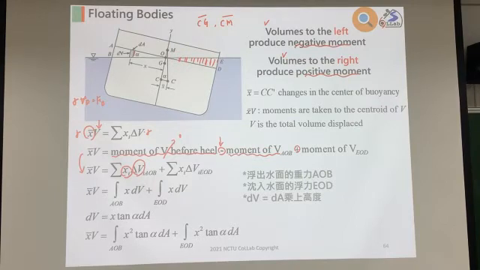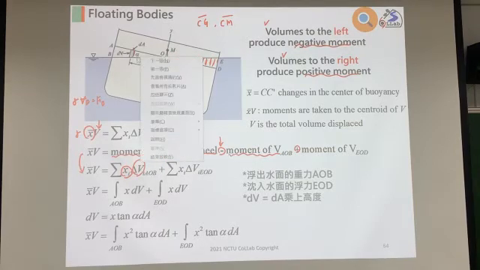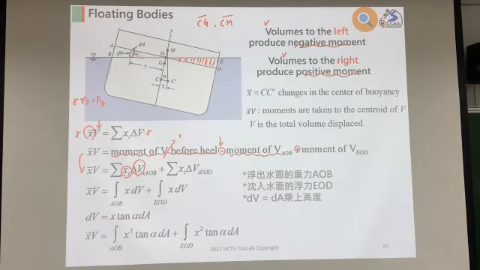But the upgoing volume is above the water surface, so here the force is weight. We have the force as weight because it's not immersed in the liquid. So the AOB volume is above the water surface, so the force is not the buoyancy force. The force is weight.